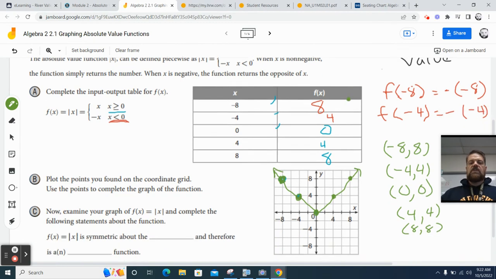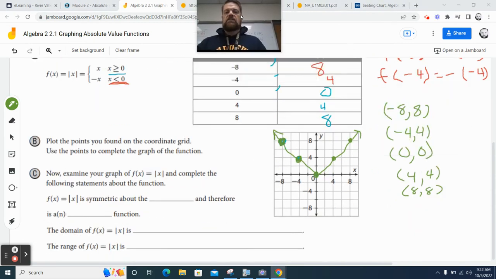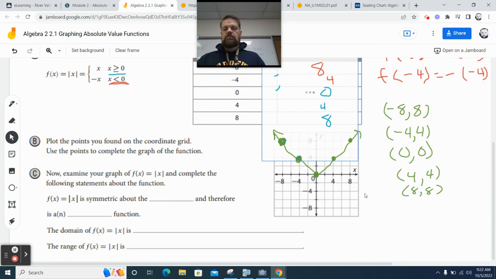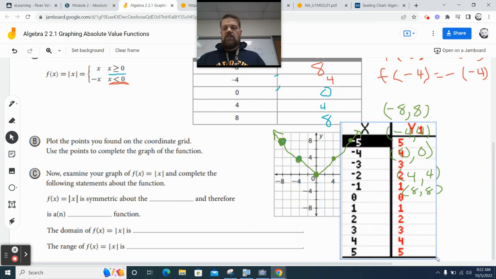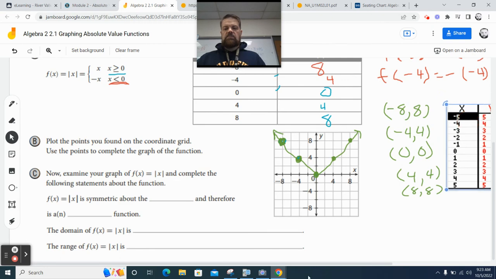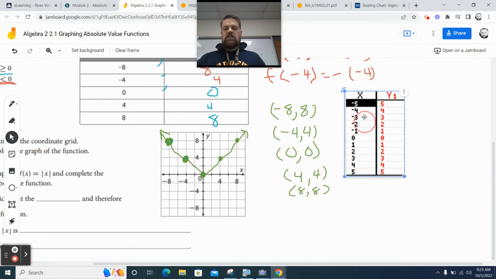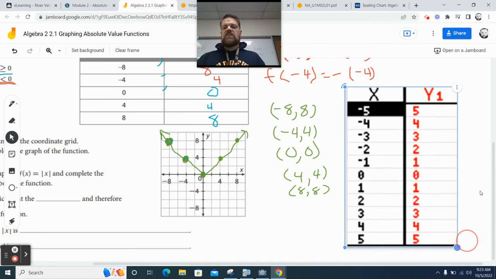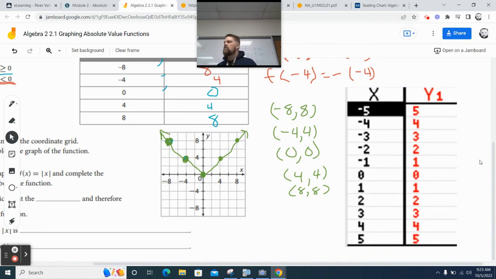One misconception is you take the negative of everything. No. You only take the negative of the negatives.